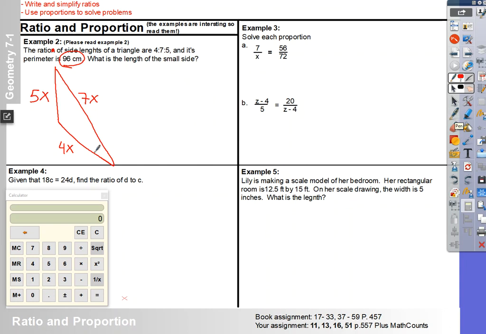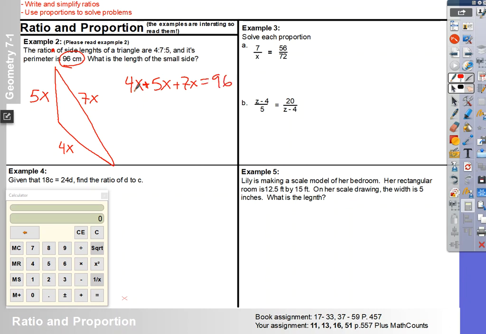Well, perimeter is just adding all 3 sides together. So we have 4x plus 5x plus 7x, and all that together is going to equal 96.